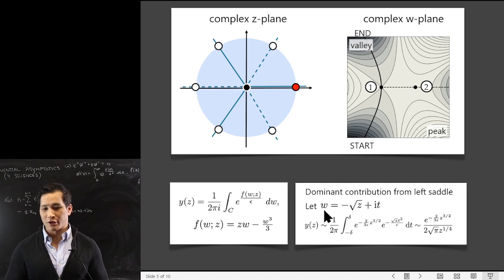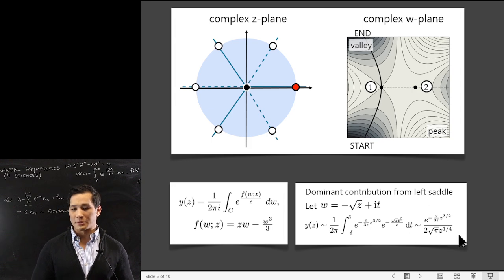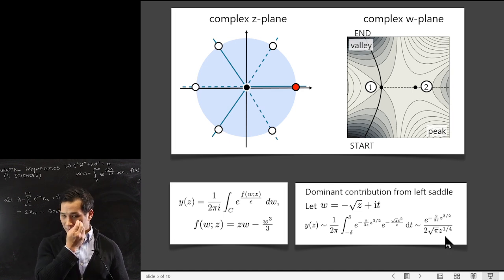Let's let our integration variable be minus root z plus a little vertical element, i times t, because we're walking vertically. You substitute that into the integral, apply your usual Gaussian integration, and then out pops the desired saddle point approximation, which is the approximation that Stokes has developed.